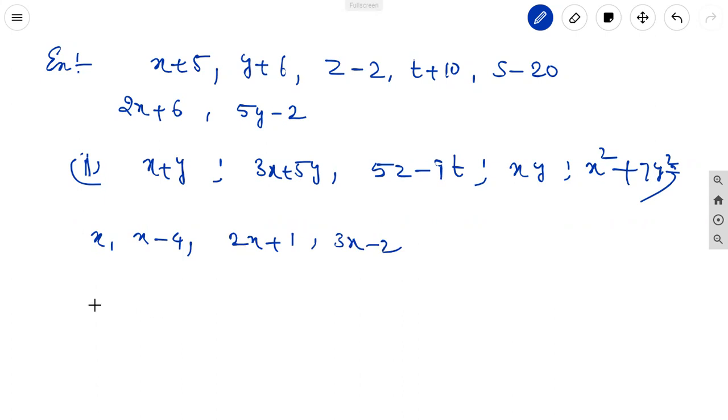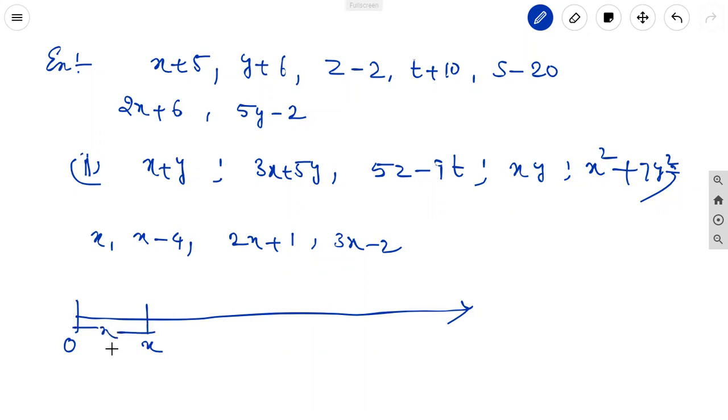Next, show on the number line x minus 4, 2x plus 1, 3x minus 2. Here we can take the number line. It is the initial point O. We can take some particular distance, that is x. This is represented as x. Next, suppose this is equal to x: 1, 2, 3, 4, 5, 6, 7, 8.